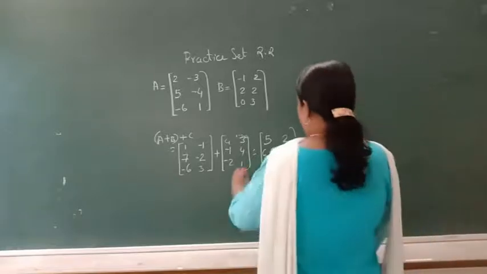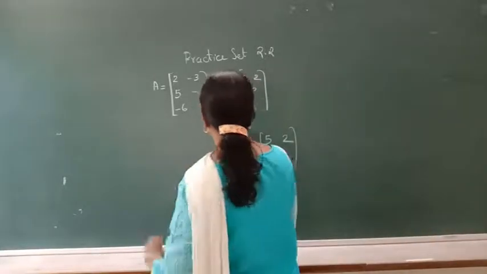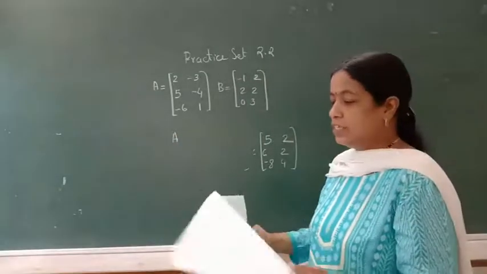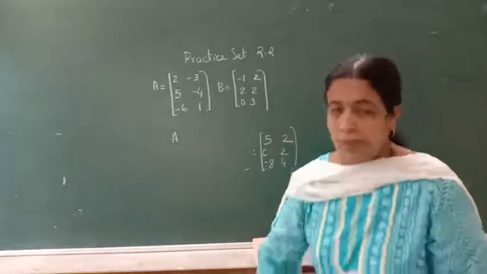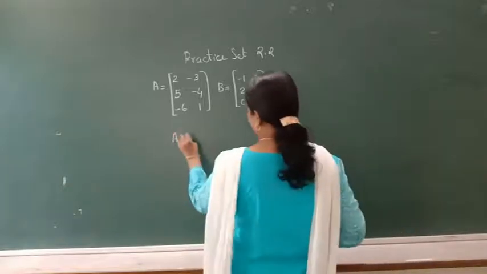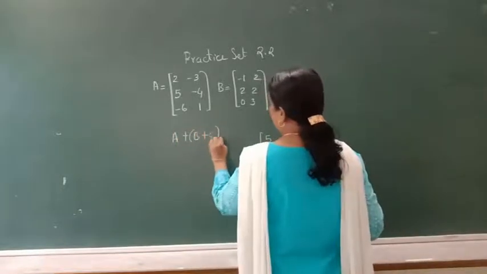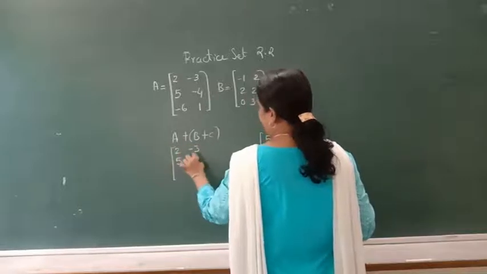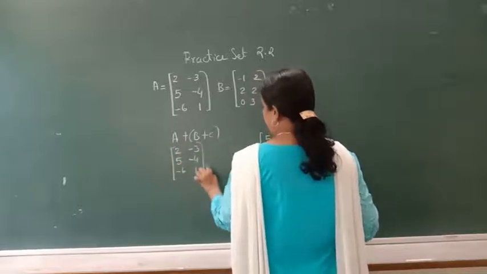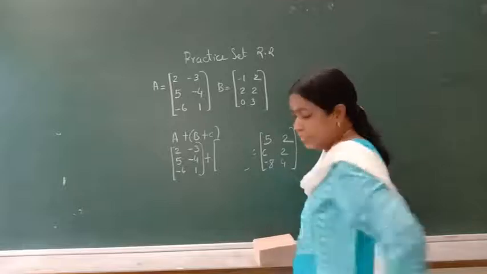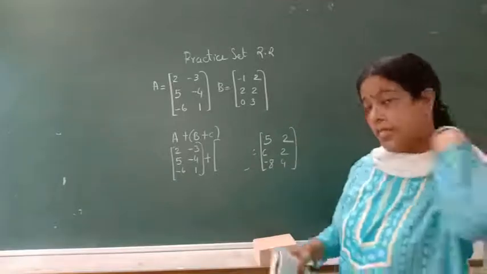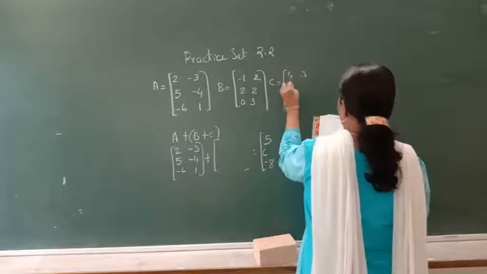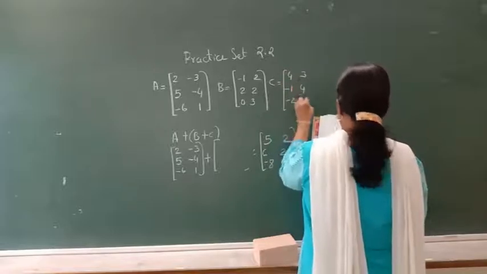Now similarly we want the value of A plus (B plus C), with B plus C in the bracket, isn't it? Associativity, B plus C. A means this [2, -3; 5, -4; -6, 1], plus now B plus C. C we will write here: [4, 3; -1, 4; -2, 1].